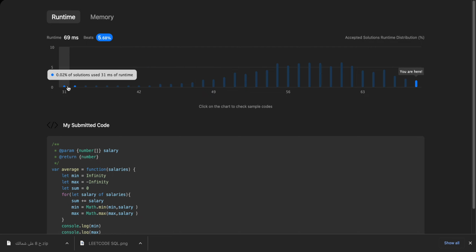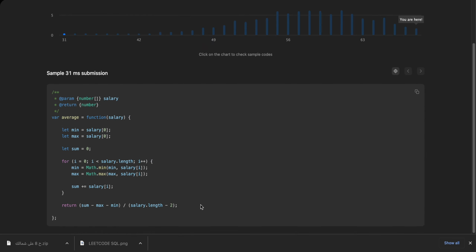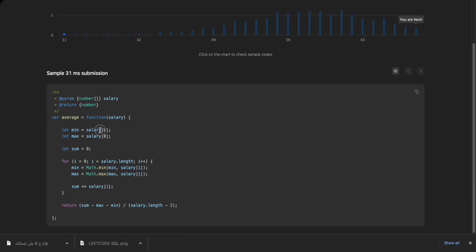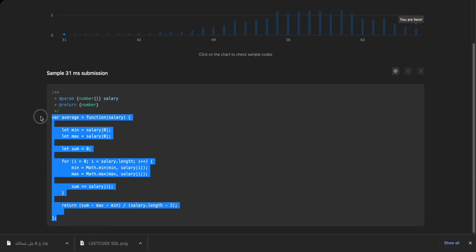Oh, 5%. Oh, that's awful. Let's see how the other people did it. Let us try to see this solution and describe it. I guess they start min and max at the first position. But it's quite the same solution. The only difference is that I'm using infinity.